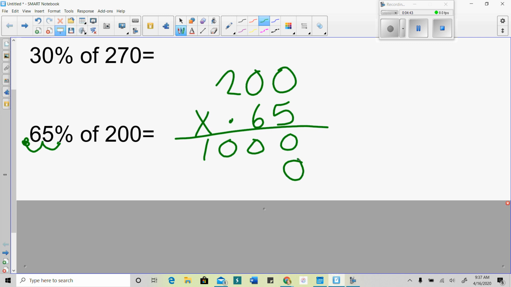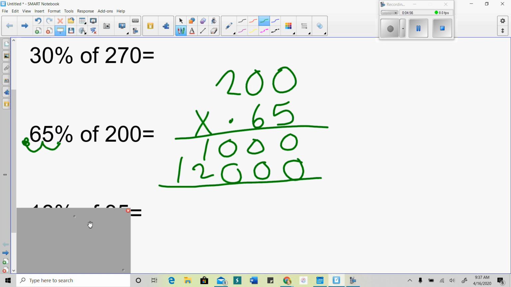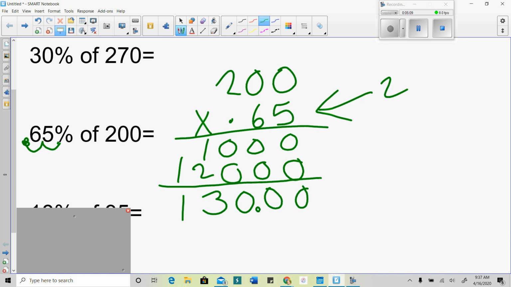Put a 0 before you move over. 6 times 0 is 0, 6 times 0 is 0, and 6 times 2 is 12. And we're going to add these up here. So I get 0, 0, 0, 3, 1. And then I need to look at my decimal places. Don't forget decimal placement. I have 2 decimal places. So I'm going to put 2 digits at the end of my answer there after the decimal. So the answer is 130. So 65% of 200 is 130.